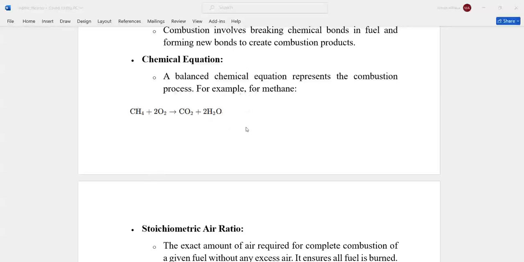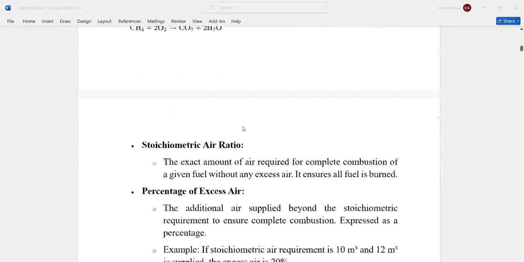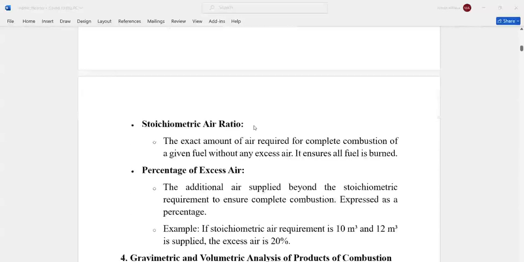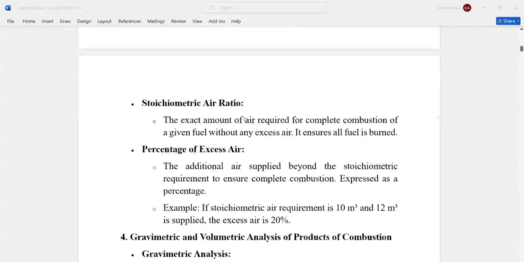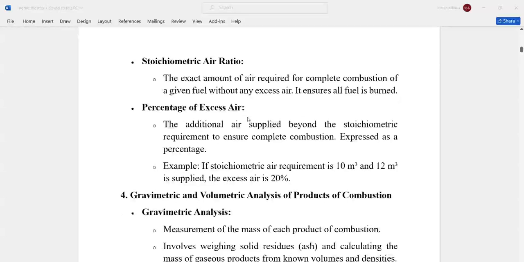You'll find that you have nitrogen at about 78 percent, over 70 by volume in most cases. And to do that, we shall need to understand what is the stoichiometric air ratio, from which we shall go further and discuss the gravimetric and volumetric analysis of the products of combustion.